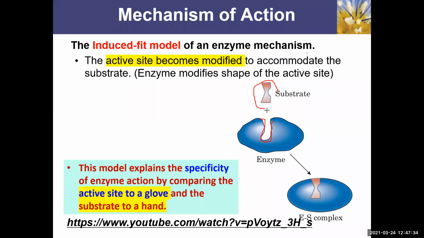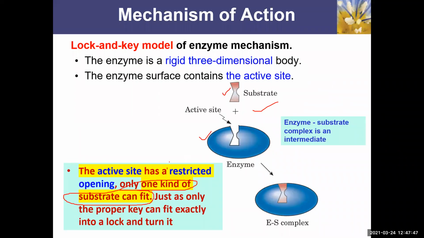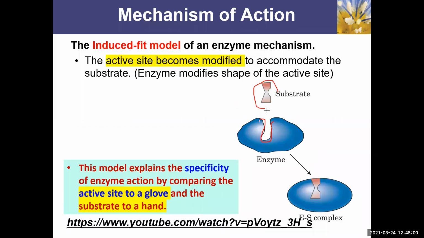The active site is flexible; the enzyme changes its shape so that the substrate can bind. He opposed what was said by Fisher. He said that the active site is not very restricted; rather, it can change its conformation based upon the substrate.